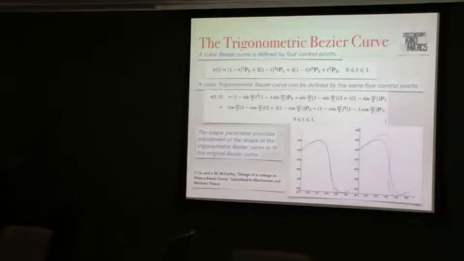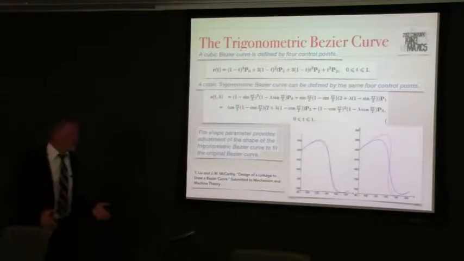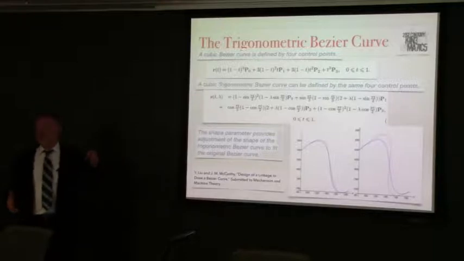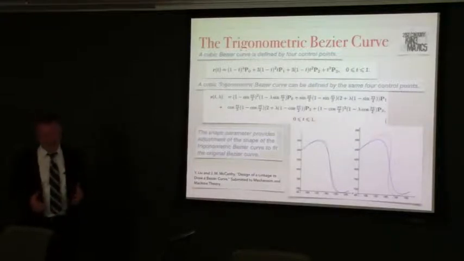Now, at this stage, we realized that we could draw any curve that can be represented by a finite Fourier series. This is known in the literature as a trigonometric curve. What's surprising is that it's also known that there is a trigonometric representation for Bezier curves.